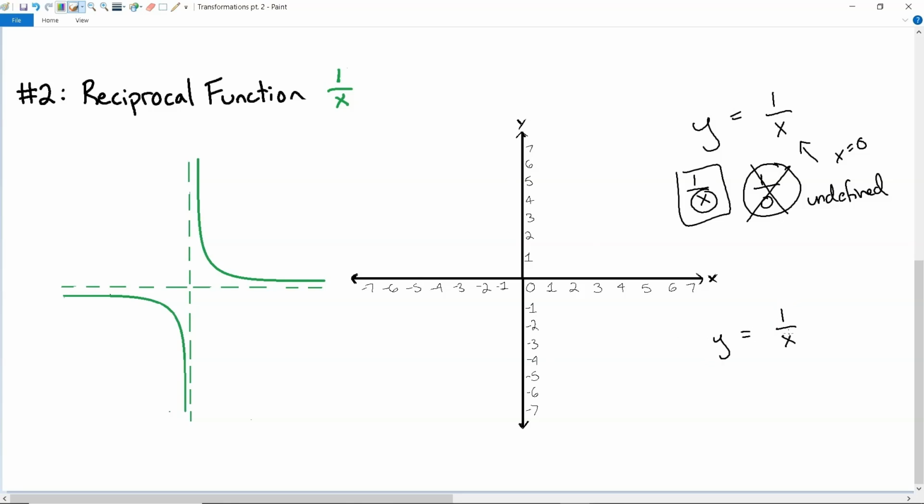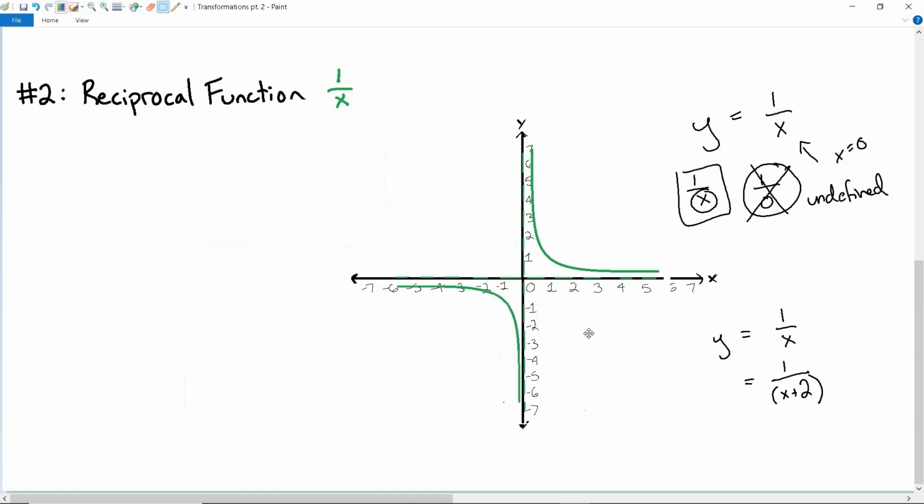We start with the parent function, and the rules are very much the same. If we have a horizontal shift, that's going to be applied directly to the x value. So you'd probably see something like this. So horizontal shift is being applied on the denominator, and the same logic applies.